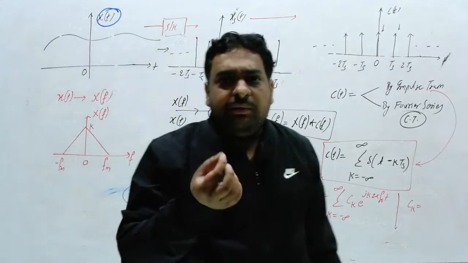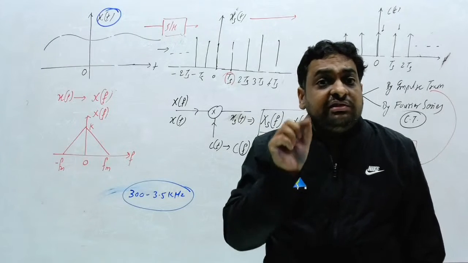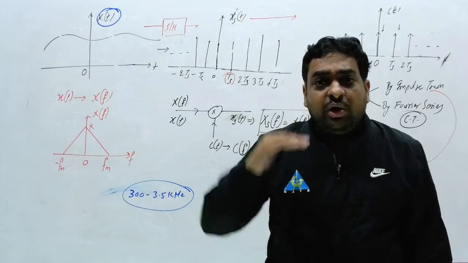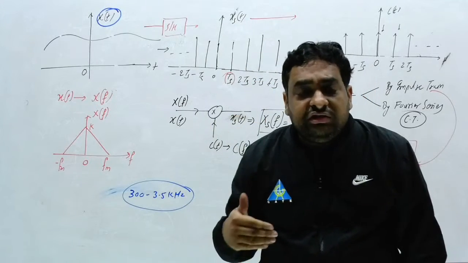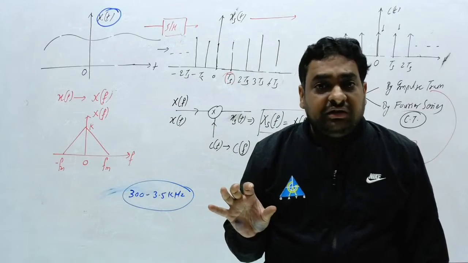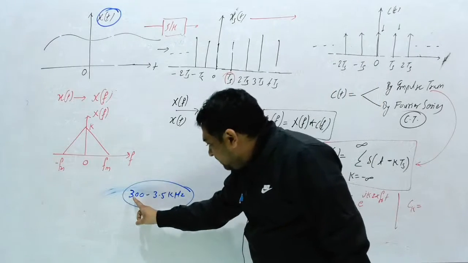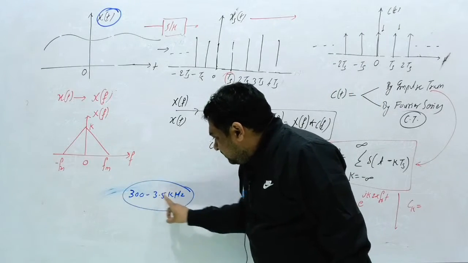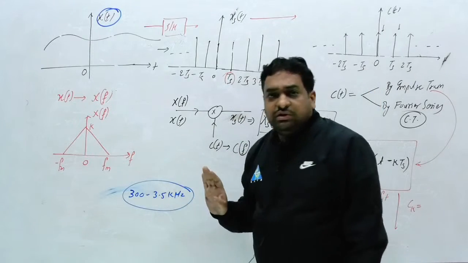Now if I ask you what is the frequency of my voice, it is not a single quantity, because my tone is going to fluctuate and my speed is going to change, so my voice is not constant, meaning my frequency is not constant. But my voice signal frequency is in between 300 Hz and 3.5 kilohertz. Clear?